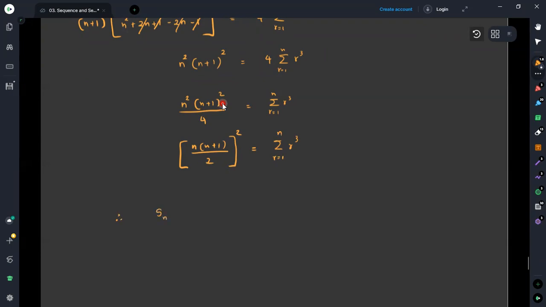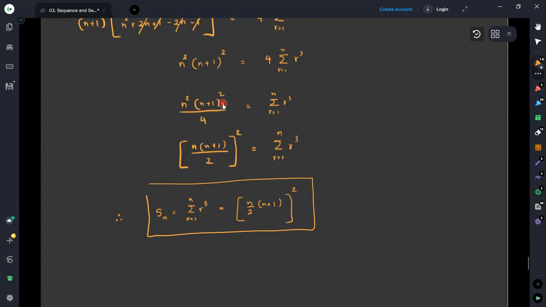It was Sn. We have defined Sn as the summation of r cube, where r goes from 1 to n, which is equal to (n divided by 2 times (n plus 1)) to the second power, the entire quantity.